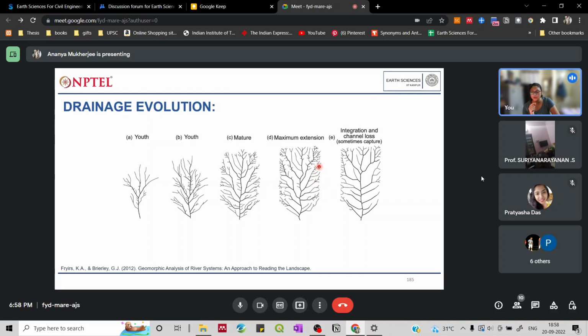Some of these lower order streams would become defunct, they won't be working anymore, and they will be lost, or this major channel will capture this channel, and then together they will become one branch, where the smaller order streams have now reduced in number. So this is how drainage evolution can take place, from the youth stage to the mature stage to the maximum extension.